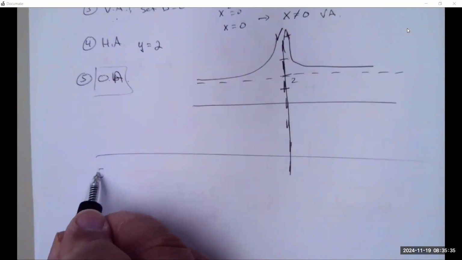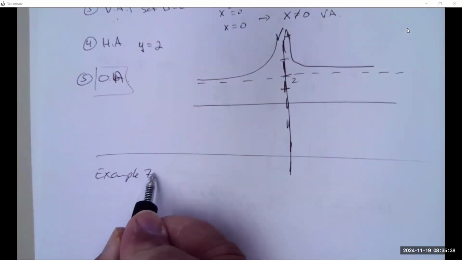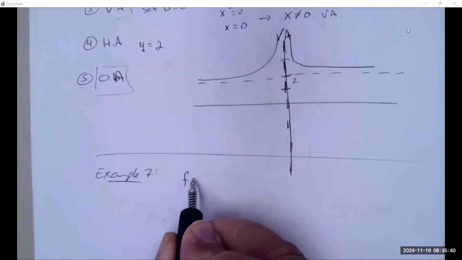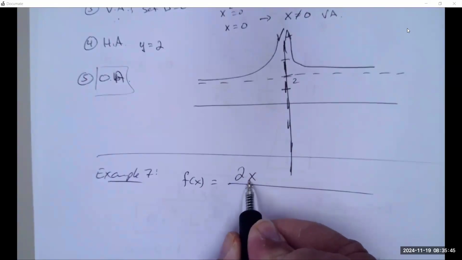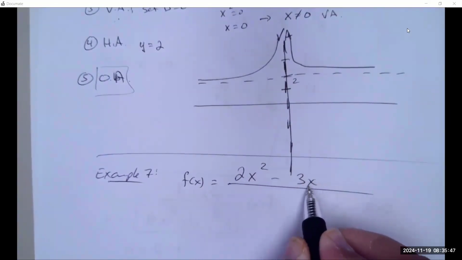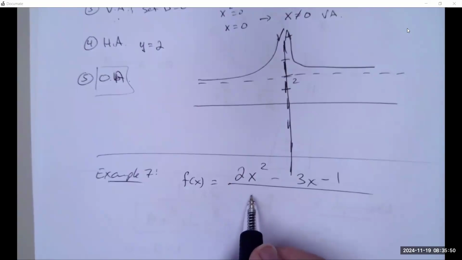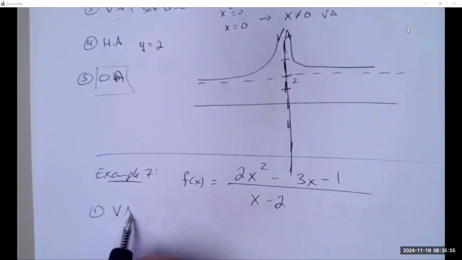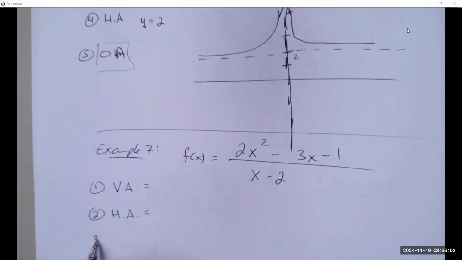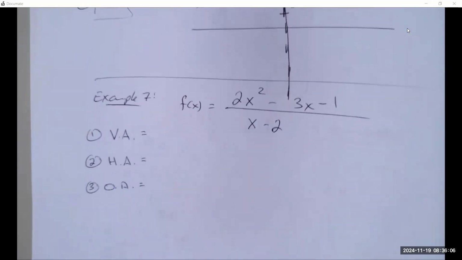Okay, example 7. Find all of the asymptotes of (2x² minus 3x minus 1) over (x minus 2). Vertical asymptote, horizontal asymptote. This is the one we're going to talk about. So what's the vertical asymptote?